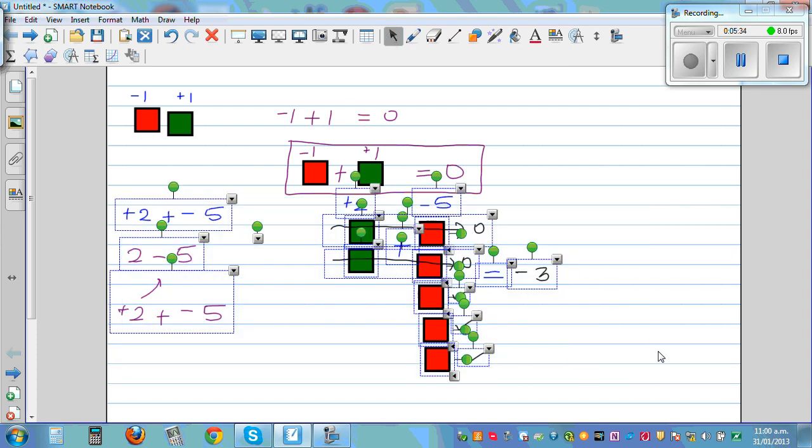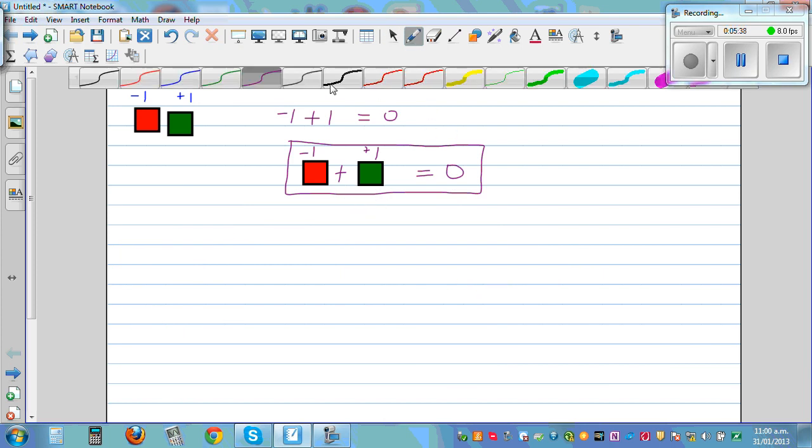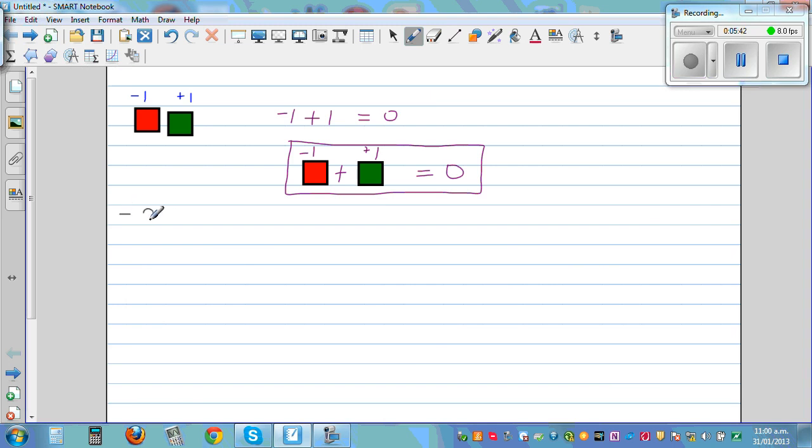Okay, the next question: what is negative 2 plus 5? Negative 2 means you need how many tiles of which color? It's negative 2, so you have to have 2 red tiles, sorry.